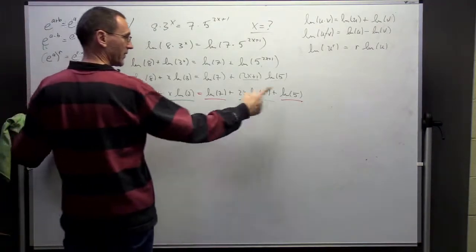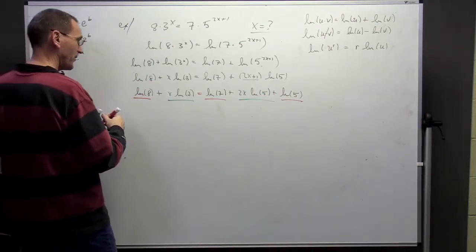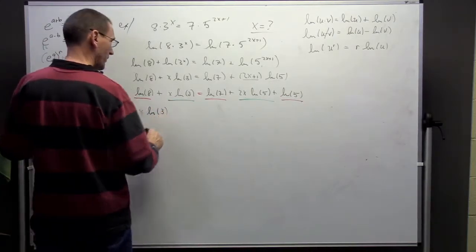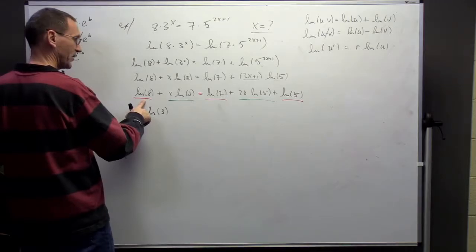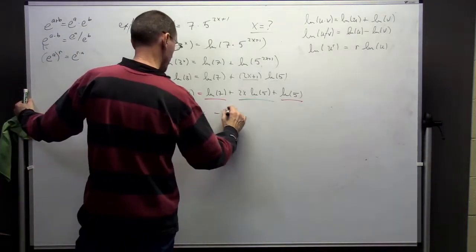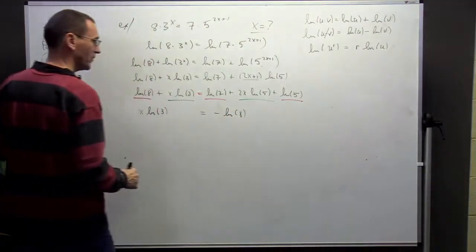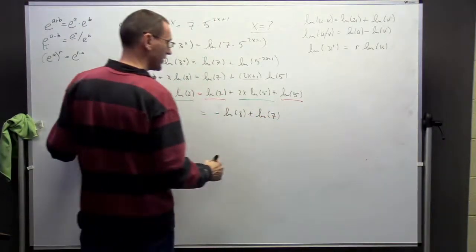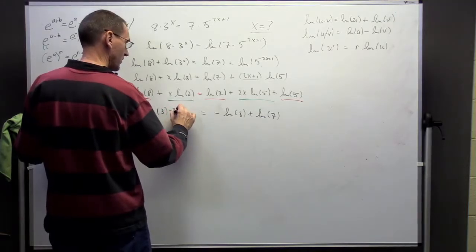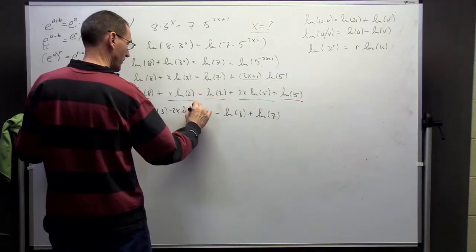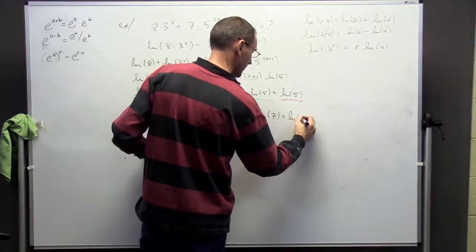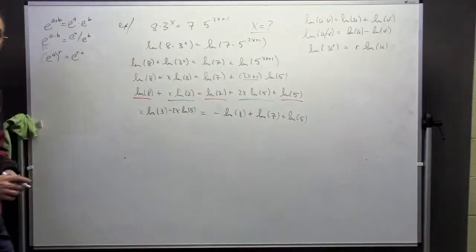So all the constants I'm going to put on the right-hand side, everything else goes on the left. So let's see, so that I've got my x, log 3 stays on the left. I'm going to subtract log of 8 from both sides. Log of 7 stays there. Then I'm going to subtract 2x log of 5. And this I'm going to keep there. Okay.